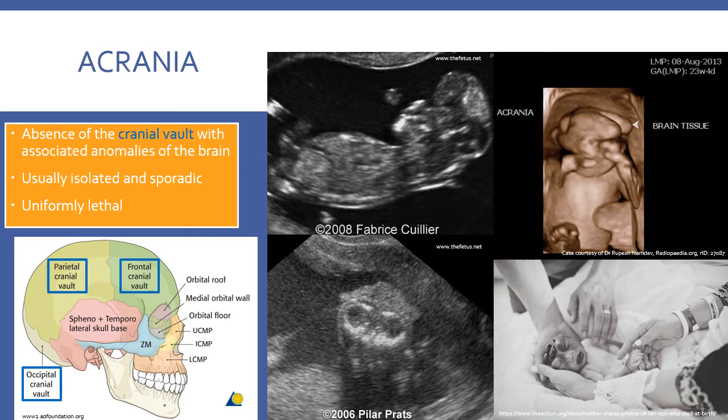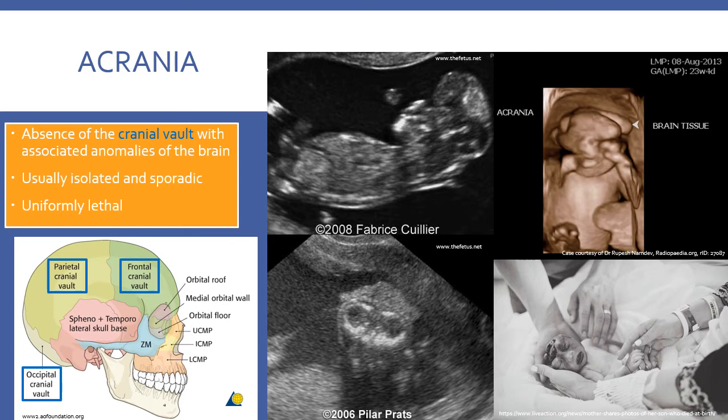You can get a catastrophic anomaly called limb-body wall complex, where the amniotic band wraps around the abdomen or the trunk of the baby, and that's uniformly lethal, because you get just major anomalies of all those systems. And then if it wraps around the head, you can get acrania. So that is one cause, but certainly not the most common cause.